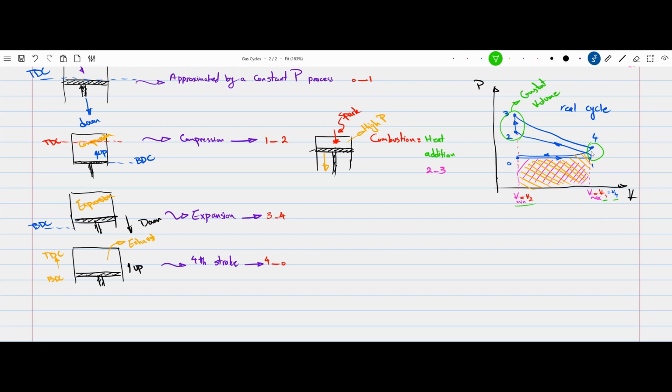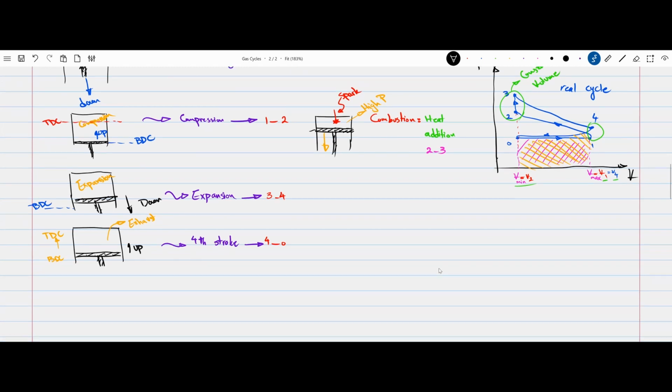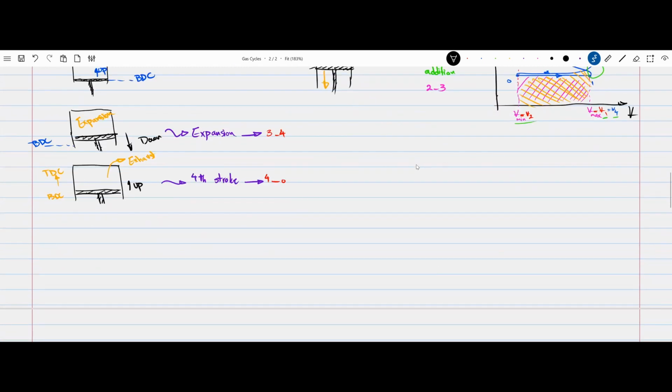So it makes sense to treat this portion of the cycle as the heat rejection part and replace it by a constant volume process. If we do that, then we can come up with the PV diagram of an ideal Otto cycle. So let me draw it down here for you.